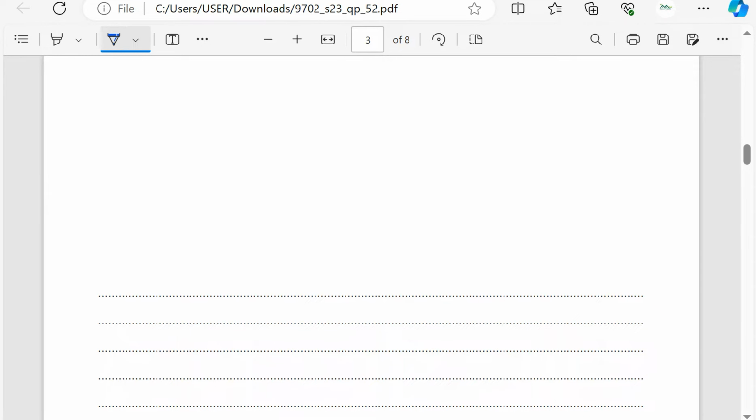So in this experiment, we have agreed that R is the independent variable, and E is the dependent variable.